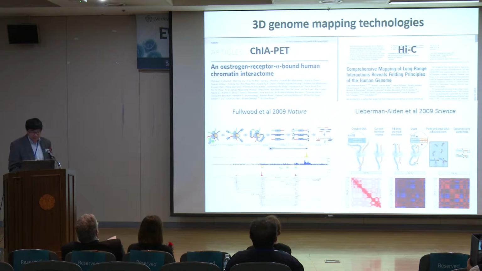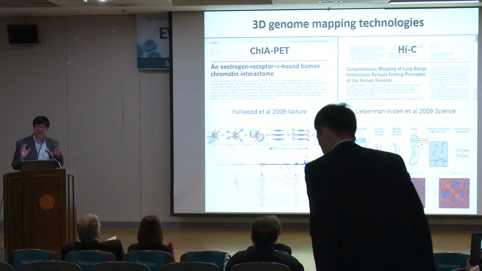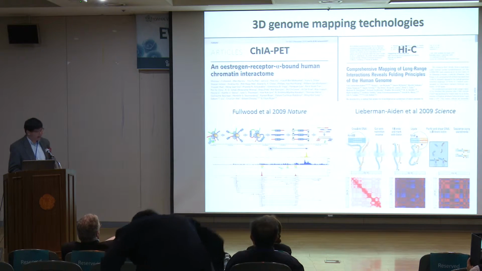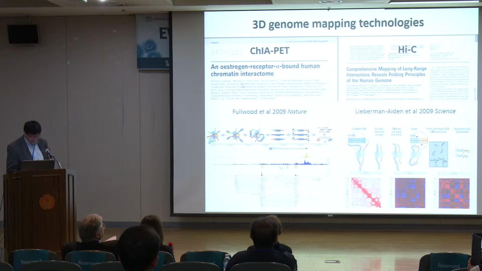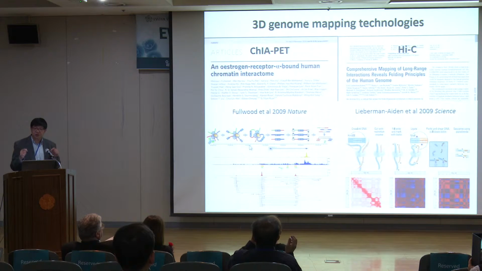Both approaches share the same technical concept, which is that you can use formaldehyde or chemical cross-linking to fix a particular moment of the nuclear state. After that, you can use molecular manipulations to generate chromatin fragments, and then conduct proximity ligations to establish artificial connectivity information.